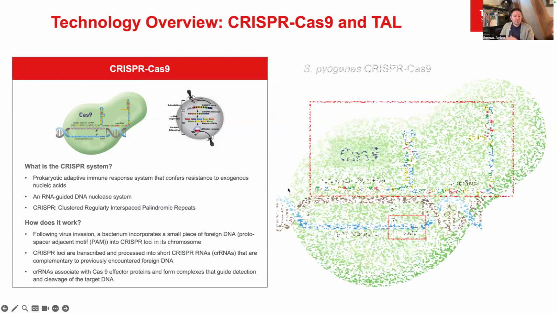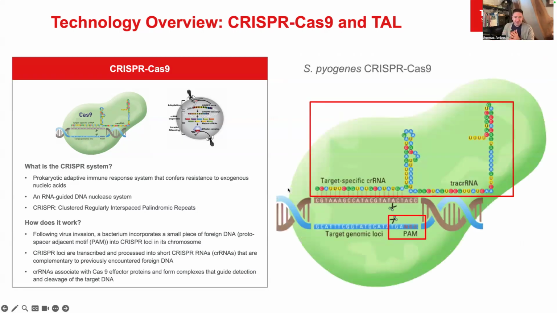CRISPR stands for clustered, regularly interspaced palindromic repeats. Absolutely no need to remember that, but it's an RNA-guided DNA nuclease system that was actually identified as part of a bacterial immune response pathway, more specifically in Streptococcus pyogenes, as you see here on the right, where we know that they're an adaptive part of the immune system that helps protect these organisms against invading DNA.